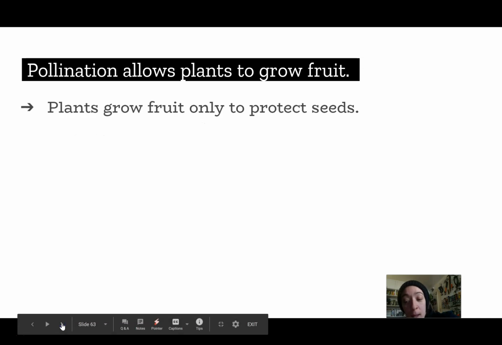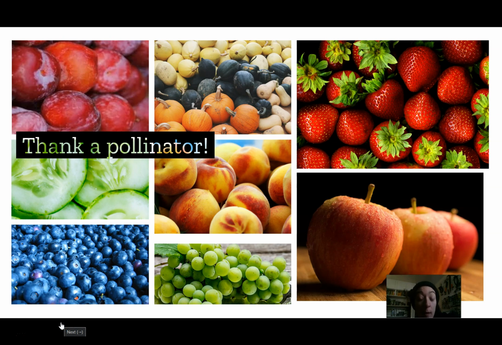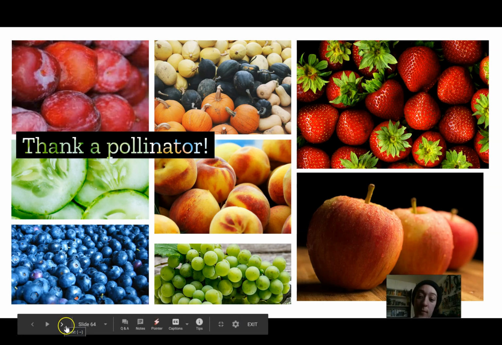So next time you want to bite into a juicy apple, or eat some delicious strawberries, or you chop up a cucumber to put into your salad, anytime you're eating something that has seeds inside, thank a pollinator. Because pollinators and pollination is the only reason that we have fruits and flowers and, truth be told, life on Earth.